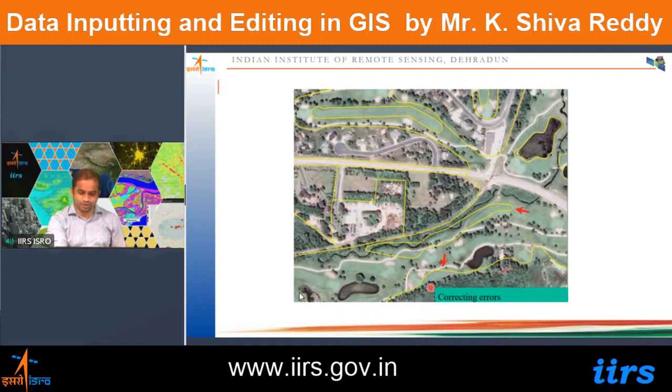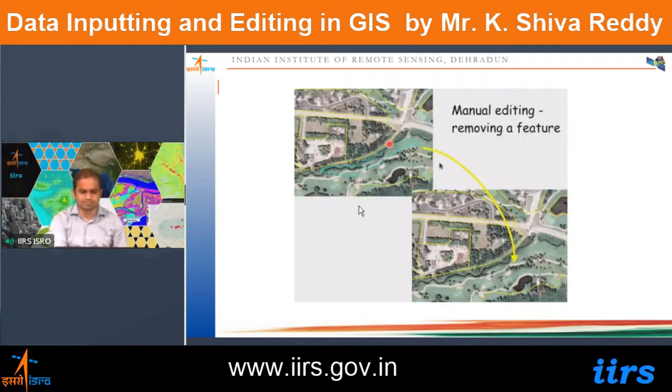Either it should be a road or it should be the boundary of the forest, but it is in between. So there is some error here. And this polygon feature, why is it here? I'm not able to guess it. So probably it's an error. So after digitization, either by you or someone else, when you get this data, you need to correct it.